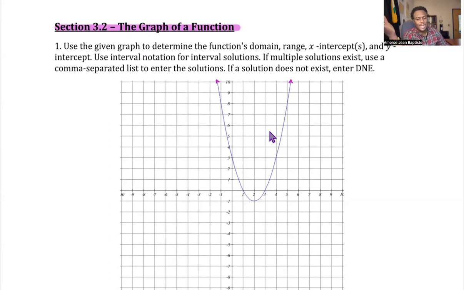You would clearly see that no number, no matter how small it is on the left, no matter how big it is on the right, would fail to be covered by this graph. It goes forever to the left as it goes up, and it goes forever to the right as it also goes all the way up.